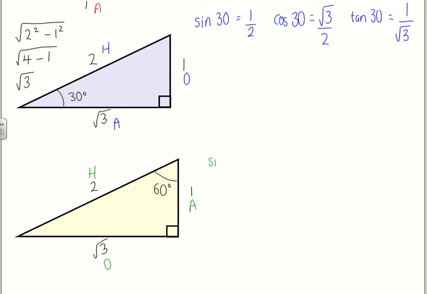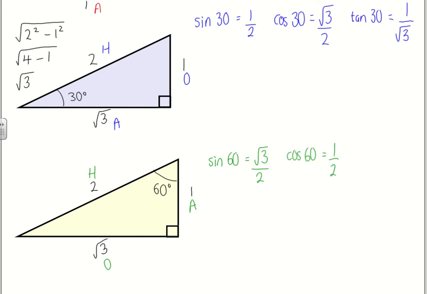So that gives me sine 60 is o over h. Well, o is root 3 and h is 2. That was cos 30 before, now it's sine of 60. We've got cos 60, which is a over h, which is our 1 over 2.